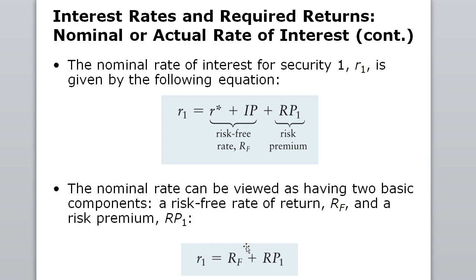So if we add together the risk-free rate and the risk premium, we will get what we call the actual rate of interest, or the nominal rate, by this equation. So the two basic components are the risk-free rate and the risk premium, and that is what we would call the nominal rate of interest.